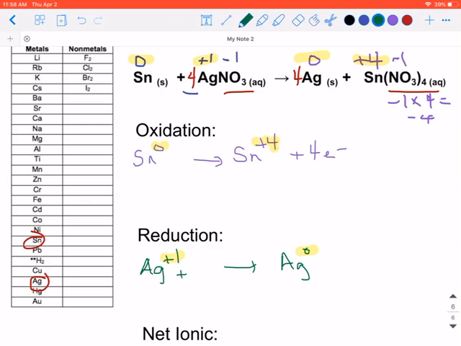If we're gaining 1 electron, I'm going to put that on the reactant side. Remember what I told you: the number of electrons lost and gained needs to be equal. If you remember from the last example, I brought down coefficients to make that happen.